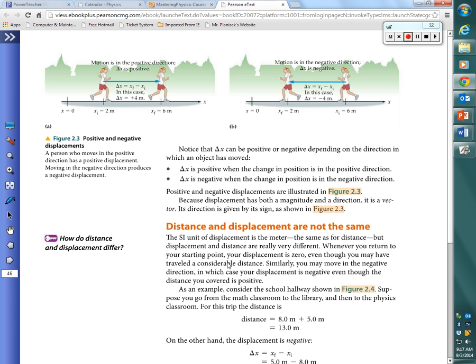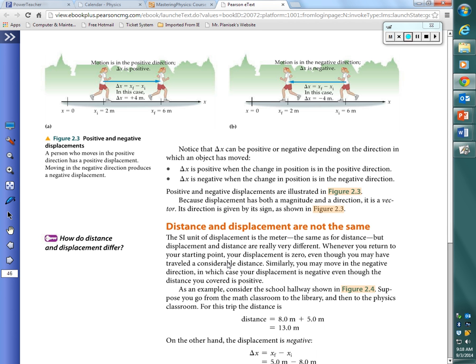So on page 46, up at the top, there is a lady who is, let's say, jogging, because it doesn't really look like she's digging that hard. All right, in picture A, she runs within the coordinate system, starting at her initial position of 2 meters and ending up at her final position of 6 meters.